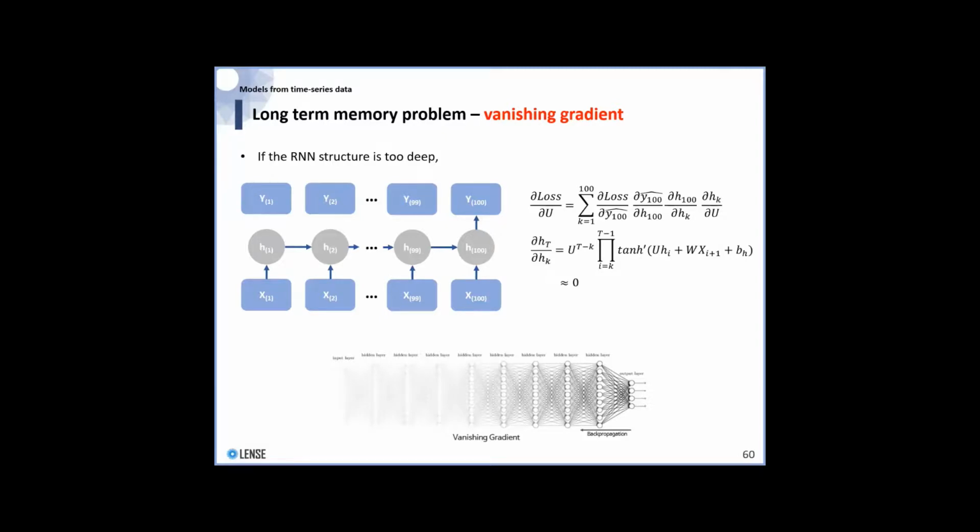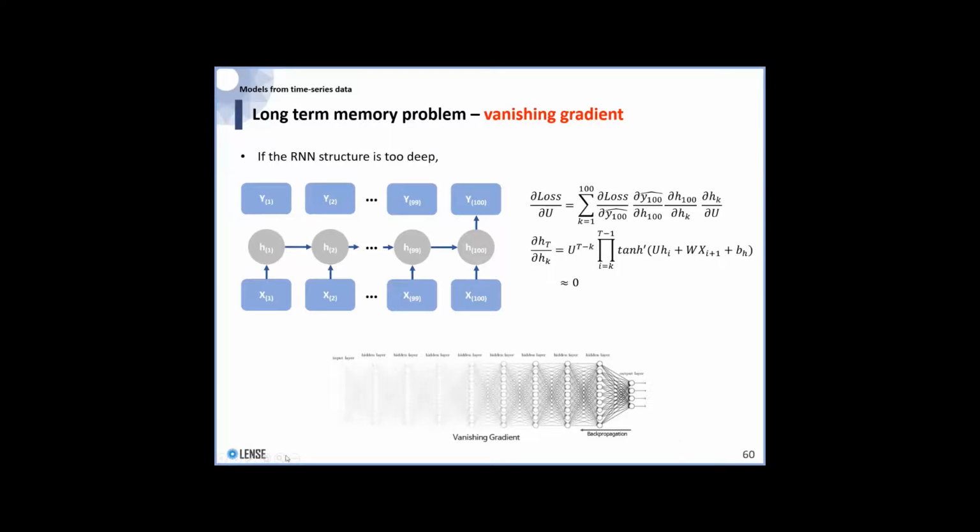What that means is that whatever weight you adjust early on is going to have no difference at the output. At least that's what the gradient says. The gradient information says it doesn't matter how you adjust, it will have no effect on the output.